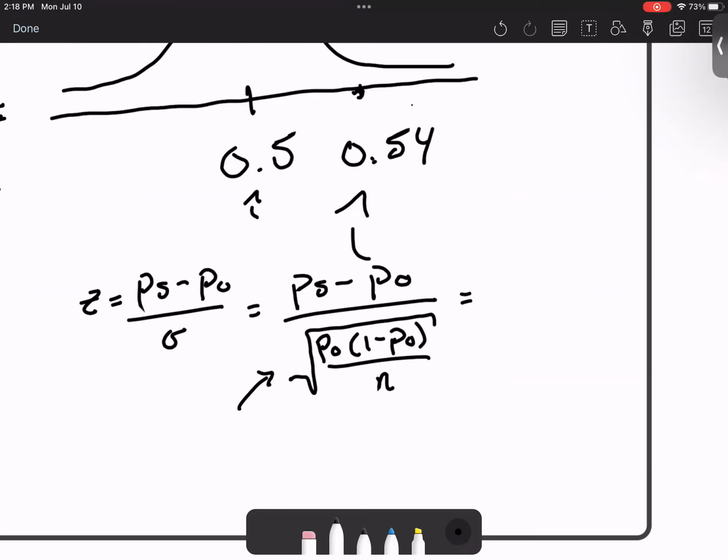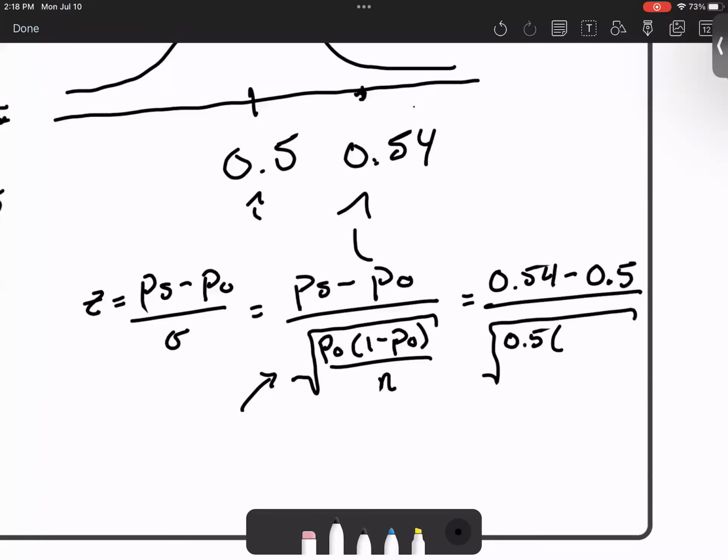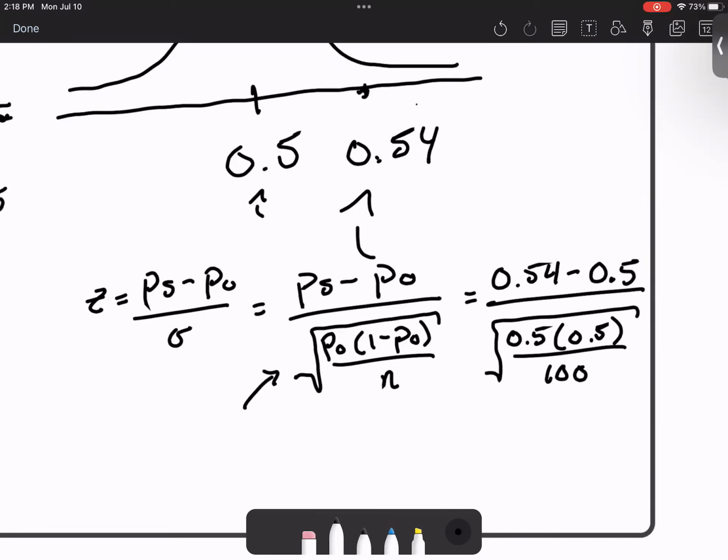So let's fill in the gaps. Our sample proportion was 0.54, the center of our curve is 0.5, and our standard deviation will be built from that 0.5 because that's the center of our curve. 1 minus 0.5 is 0.5, and n is 1,009.